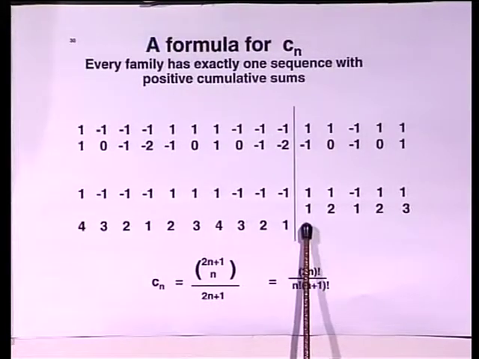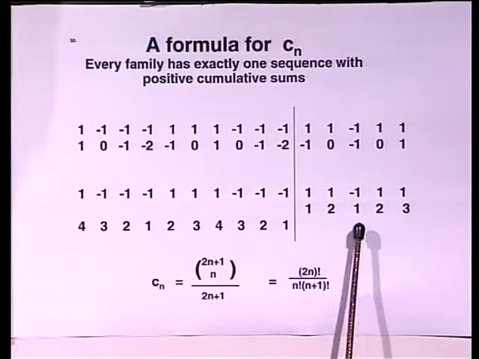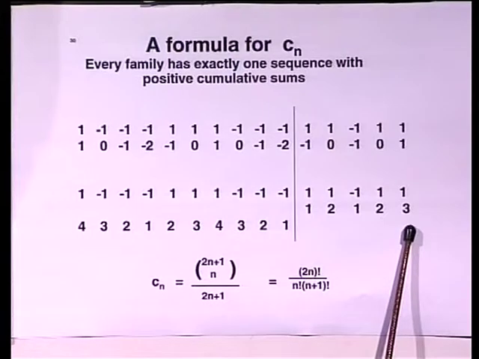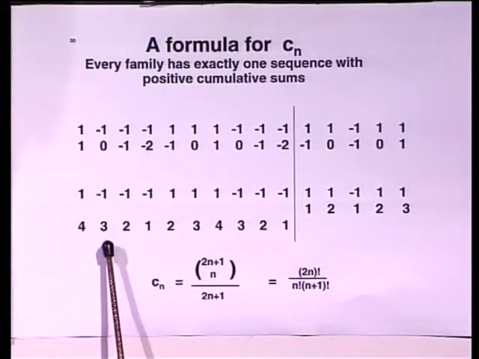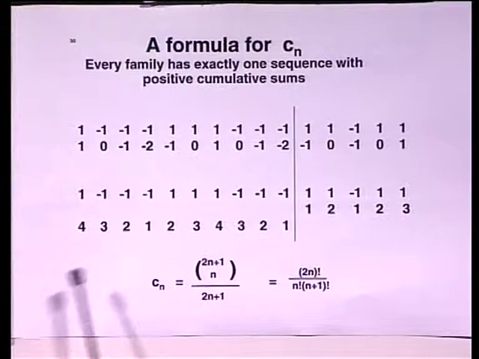And the sums are 1, 2, down to 1, 2, 3, 4, 3, 2, and so on. And this sequence of sums will always be positive. Now, it's not difficult to see that that rule that I gave for starting the sequence in the place following the last most negative number will always lead us to a sequence where the sums stay positive.